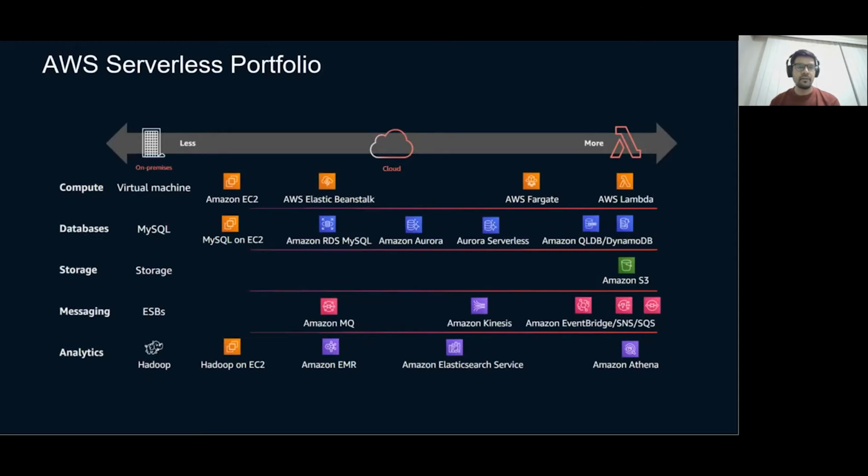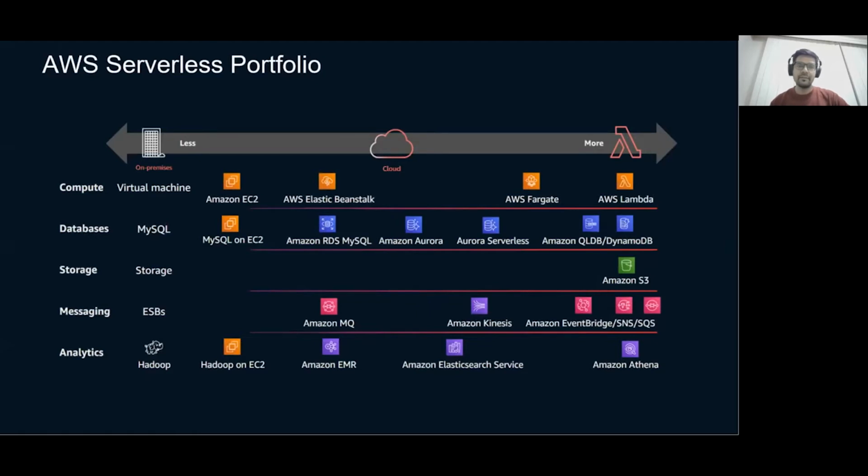For databases, we used to have MySQL on premises. For storage also, we used to have the whole storage infrastructure on premises and so on. But as we gradually move towards the right part of the diagram, we can see there are various serverless constructs that almost all the cloud vendors provide, but we focus on AWS in this session.